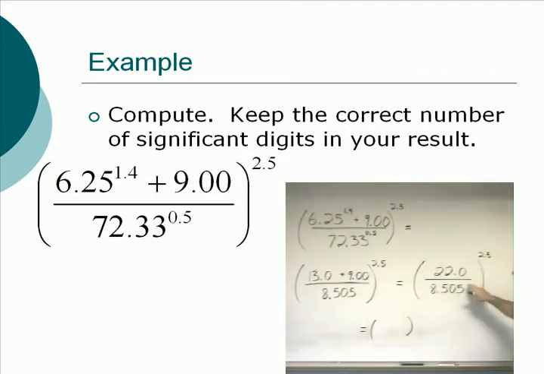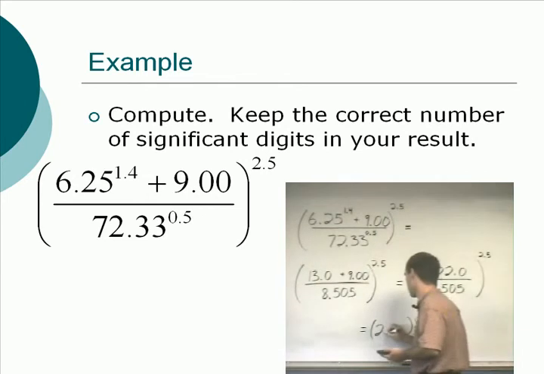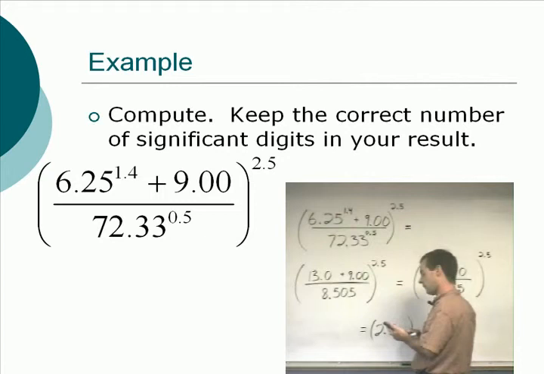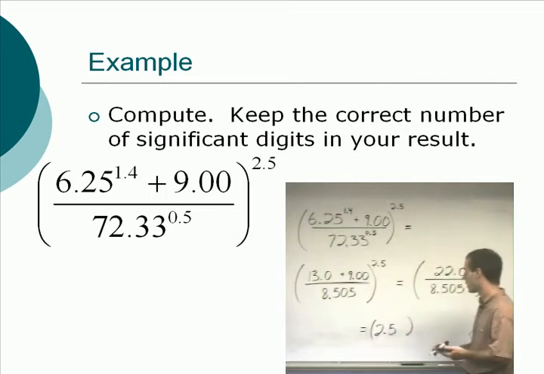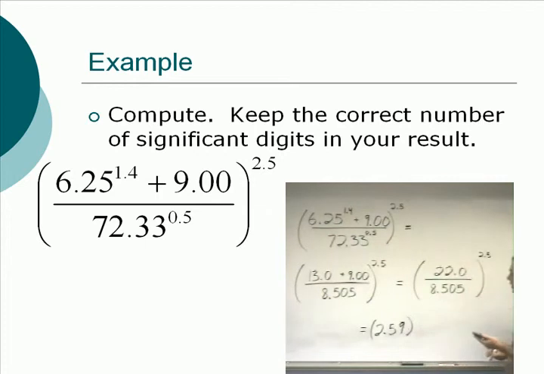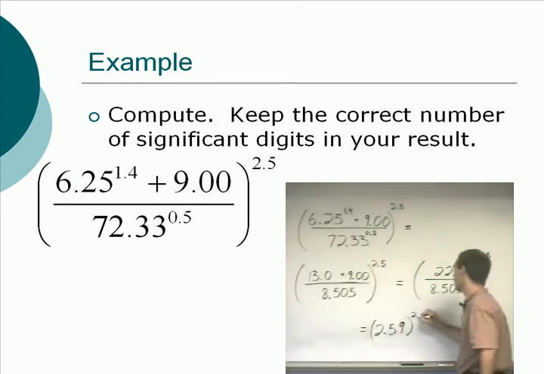We're going to divide those, and we can keep 3 sigdigs. 3 sigdigs divided by 4 sigdigs will leave 3 sigdigs. 22 divided by 8.505 gives us 2.5867, so we have to round it to 2.59. 2.59 will be our 3 sigdigs. That's going to have an exponent of 2.5 on it.